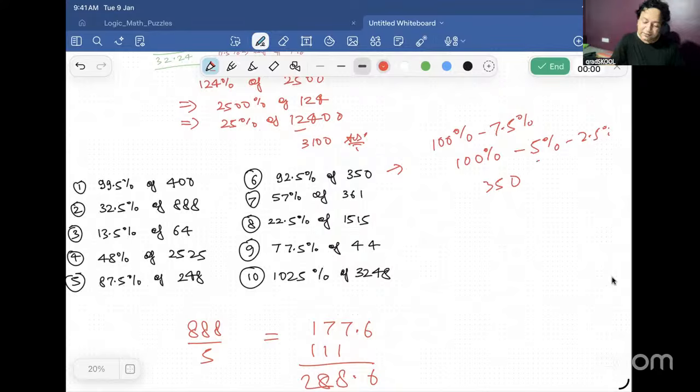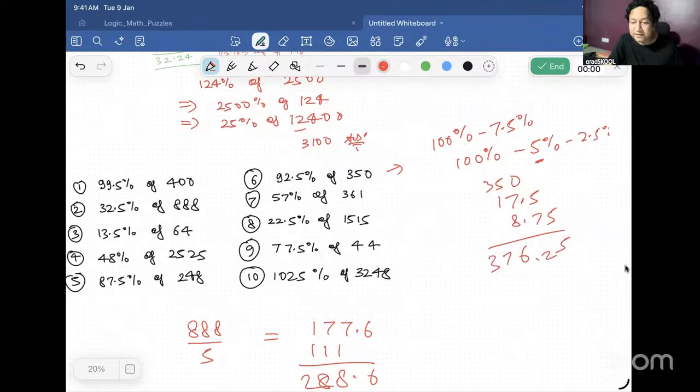So 10% is 35. 5% will be half of it, that is 17.5. And 2.5% will be half of 17.5, that is 8.75. So we get 376.25 as the final answer. Clear? Is that understood, everyone?